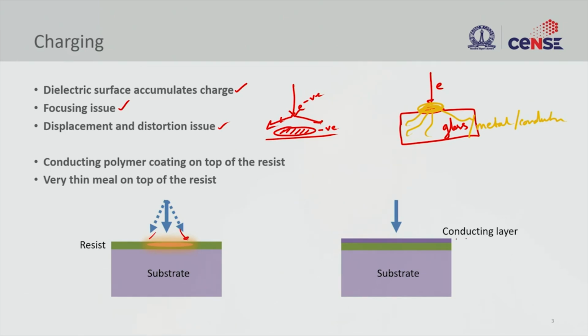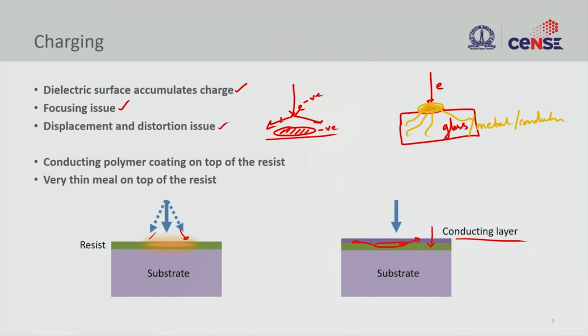Put some conducting layer. That can be easily said, but we need to think about what we mean by a conducting layer here. Of course a conducting layer will take out whatever charge accumulation you have, but this conducting layer should be really thin, so that it allows the electrons to pass through without loss of electrons.